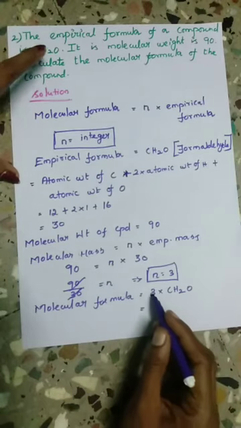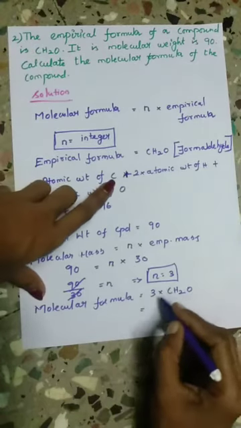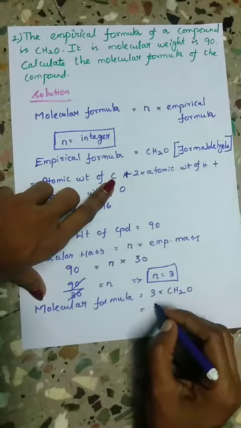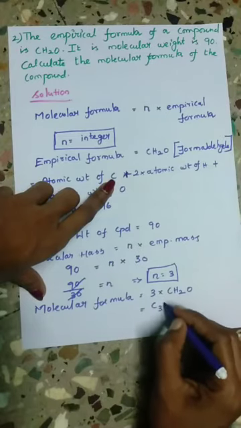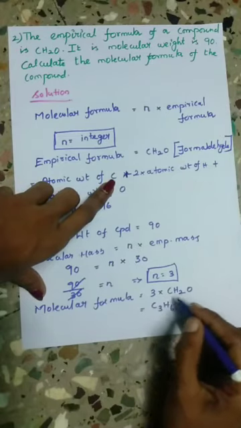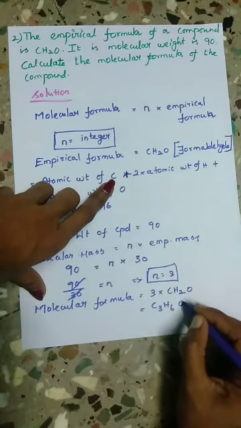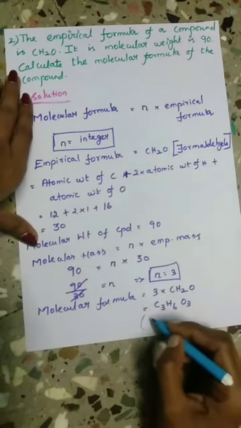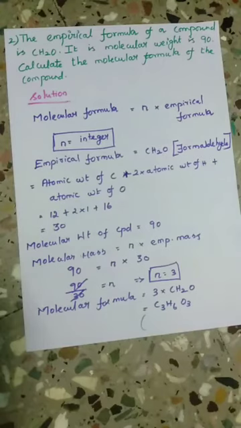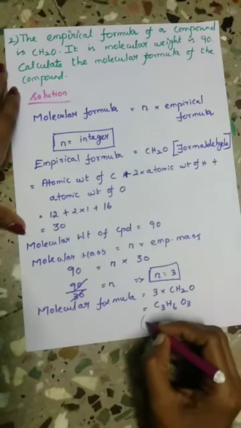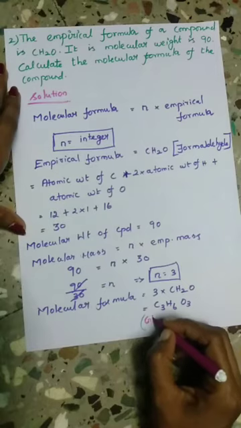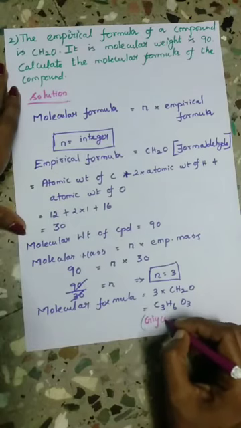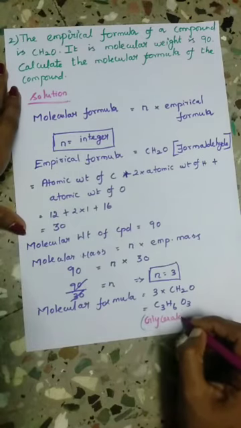So the answer is 3 carbon, C3, 3 twos are 6, H6, and O3. So this is the molecular formula, and its name is glyceraldehyde.